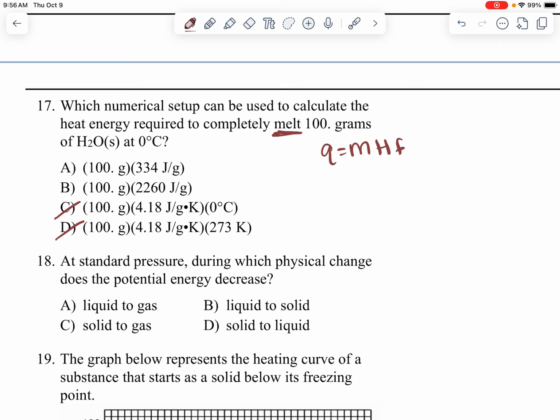If this said to completely boil, then we have a vapor, then it's Q equals MHV. So Q equals, we have 100 grams, they told us the mass, and it's water, so we have to look at the reference tables. We have to see that the heat of fusion is 334 joules per gram. Table B.